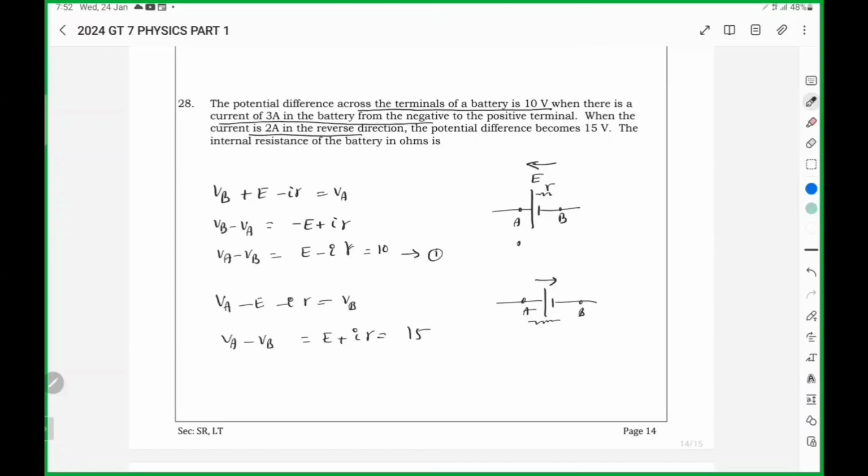So adding these two equations, 2E will be 25. Or subtracting, minus 2IR, sorry, here I1 current. So 3 amperes, that is E minus 3R is 10.